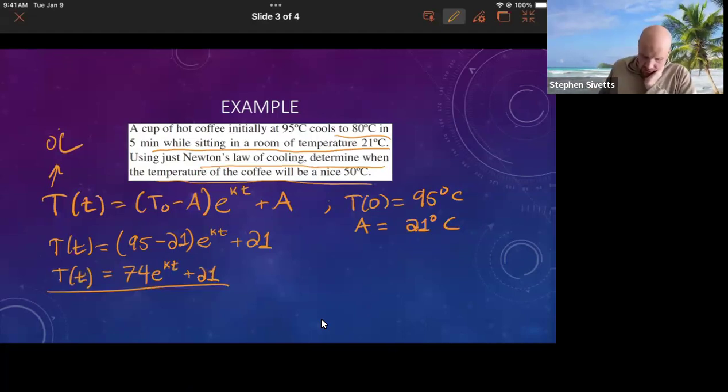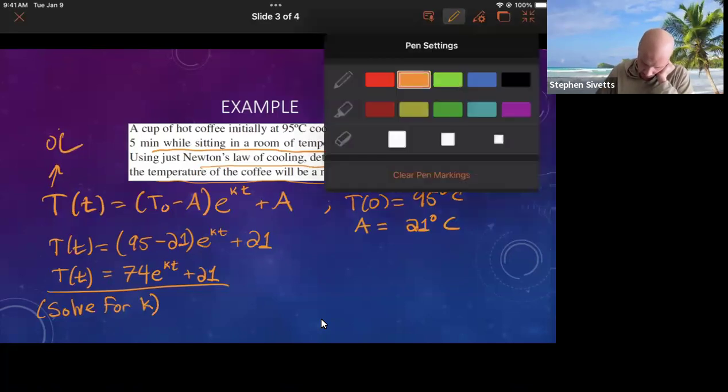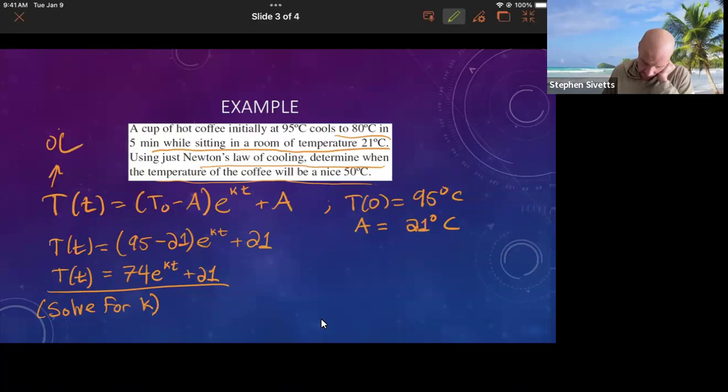All we need to solve for is this constant of proportionality, K. What we're going to use is the fact that the coffee is at 80 degrees Celsius in 5 minutes, so little t is in minutes here.